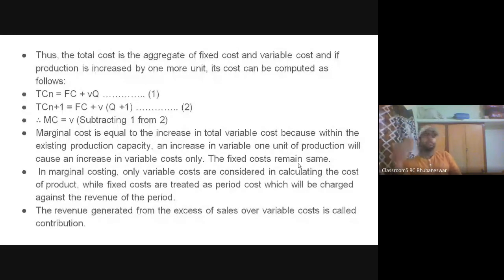Contribution means the excess of sales revenue over and above the variable cost. So sales minus variable cost, whatever is left, is known as the contribution margin, or the gross margin. So you have to remember the name. Contribution margin means the gross margin.